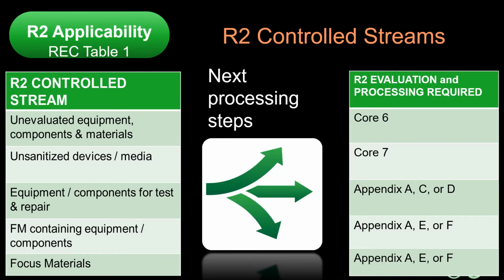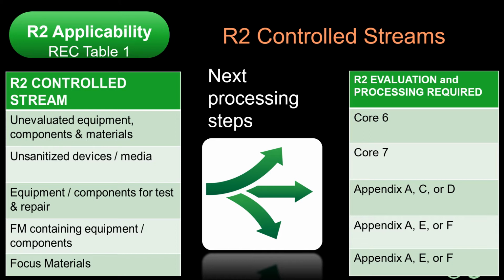Table 1 also lists the next R2 processing steps for various R2 controlled streams. Because not all R2 facilities are qualified or equipped to process every type of equipment or materials, the REC specifies next steps for both in-house processing as well as next steps for processing by a downstream vendor. For example, a recycling facility that receives a shipment of potentially reusable laptops has several processing options.